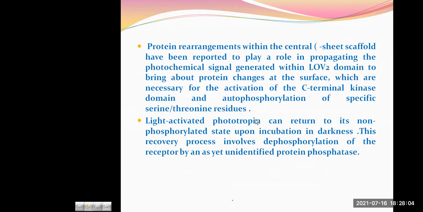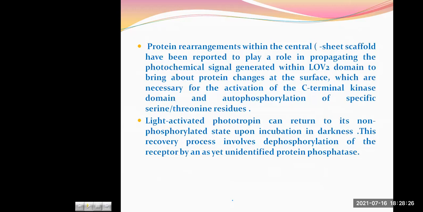Light-activated phototropin can return to its non-phosphorylated state upon incubation in darkness. That is, when darkness comes again, the phototropin becomes inactive again. And how does this deactivation occur? Deactivation occurs by dephosphorylation. Activation occurs by phosphorylation.